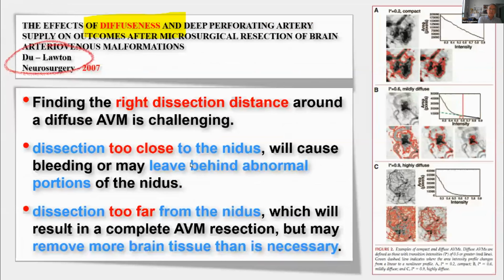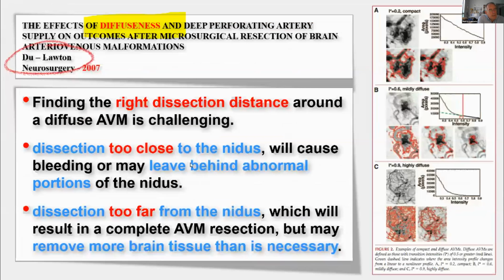So diffuseness is a very important element of the pediatric AVM, because from a surgical point of view, diffuseness is a big problem, as there are two complications.